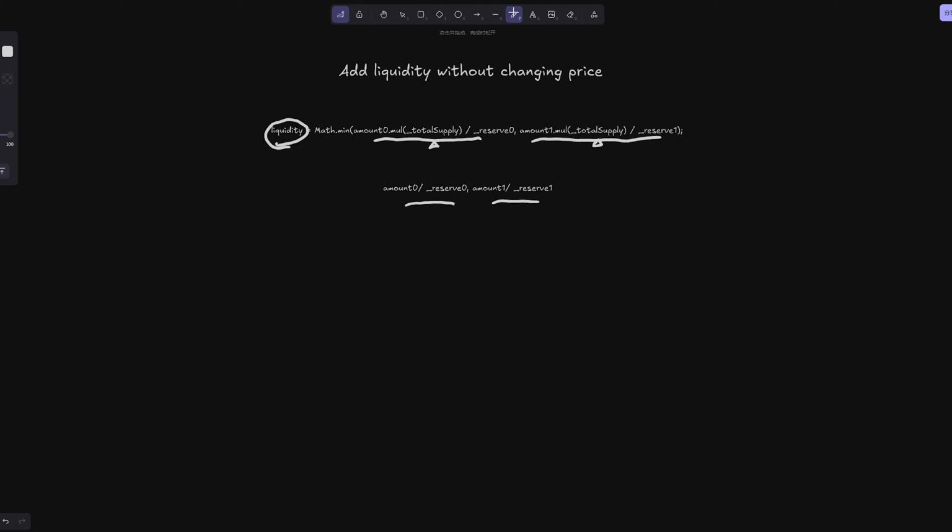Now let's use math symbols for a simple demonstration. Let's say the liquidity pool has two tokens, token A with a reserve of X, token B with a reserve of Y. Now a user called Alice adds some liquidity.